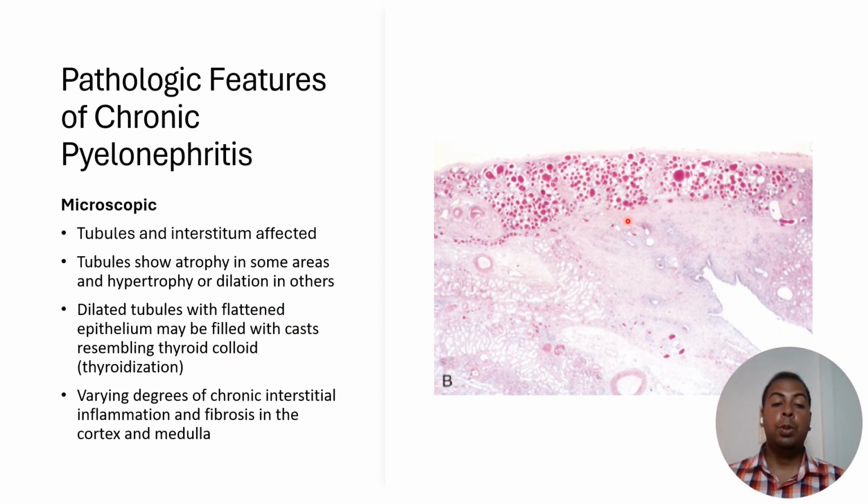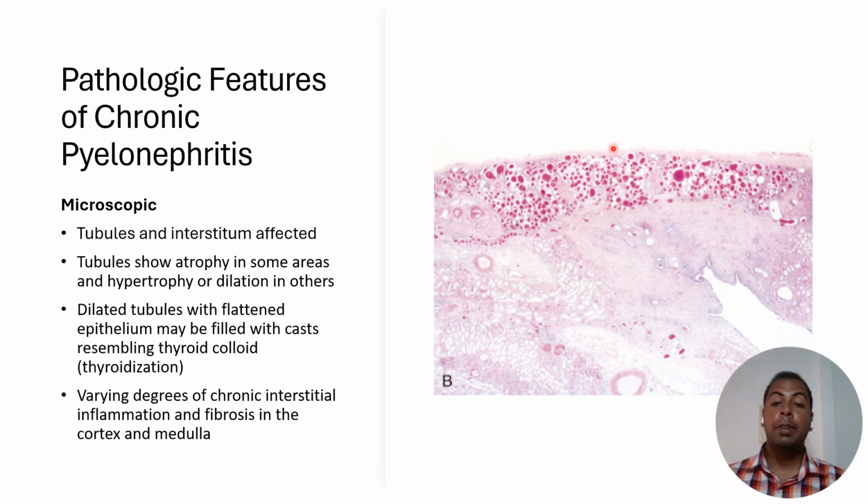So this is referred to as the thyroidization of the kidney because it looks like a microscopic section taken from the thyroid gland. And you might also see varying degrees of chronic interstitial inflammation and fibrosis in the cortex and medulla. So I want to emphasize more on the thyroidization of the kidney.